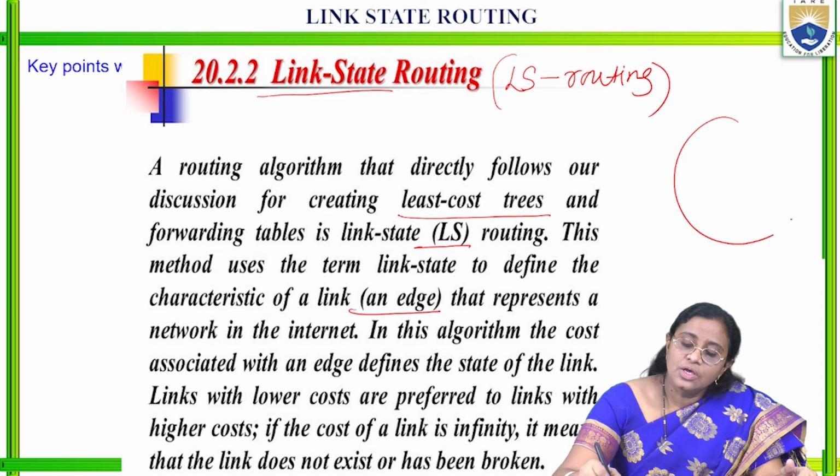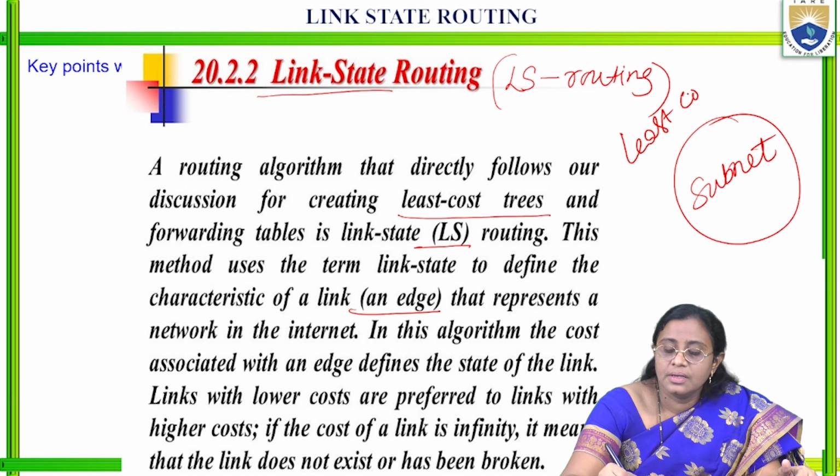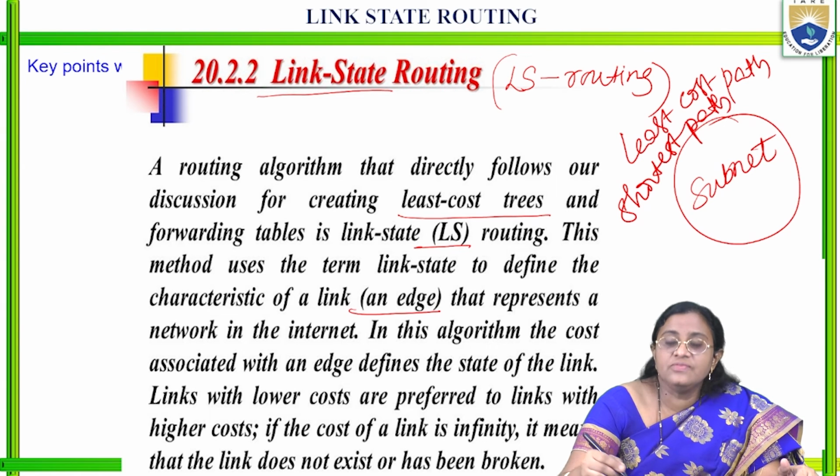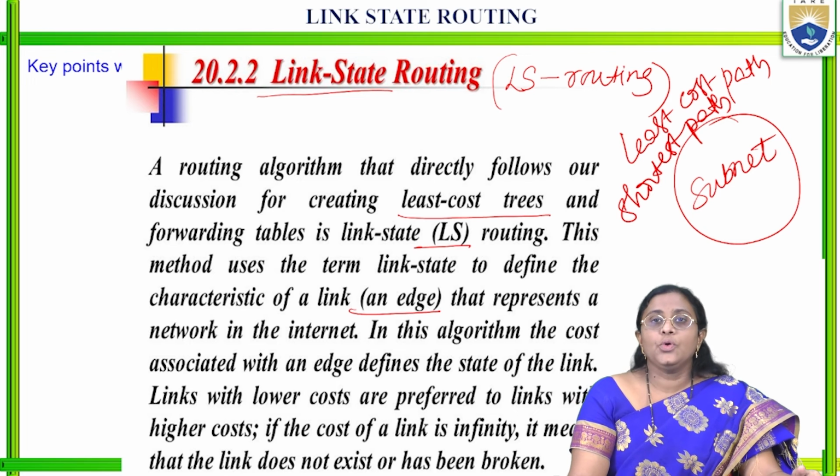The nodes associated on one subnet, we need to determine the least cost path or shortest path. So this is the main definition which shall be included while you are discussing the link state routing protocol.